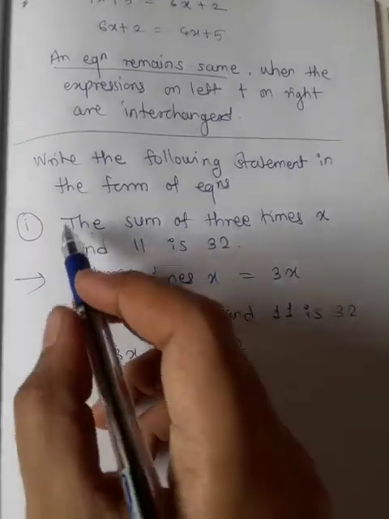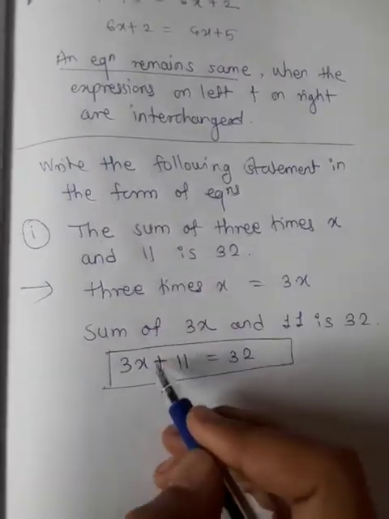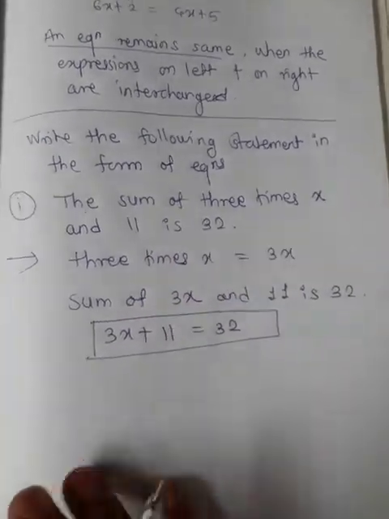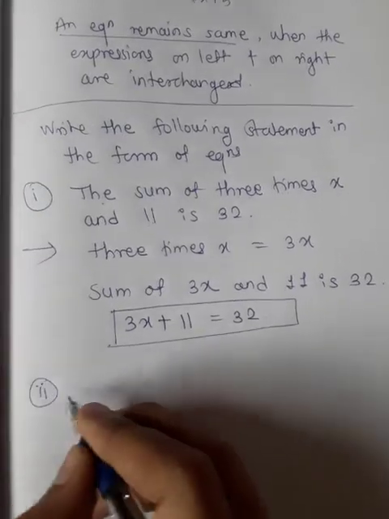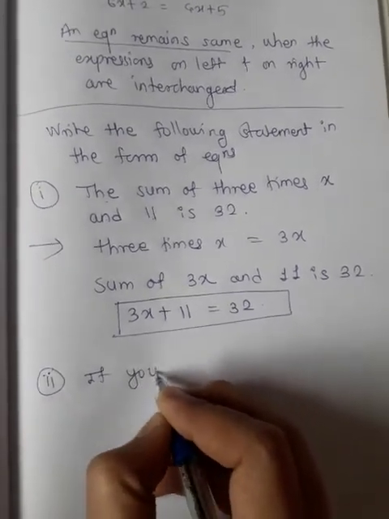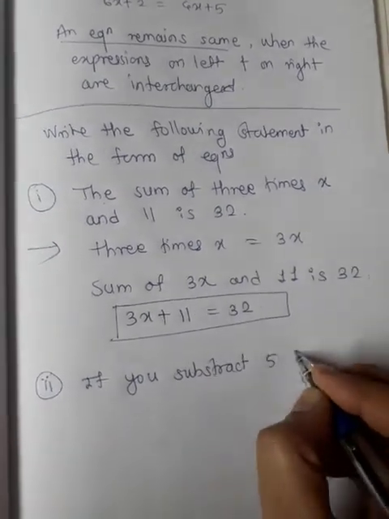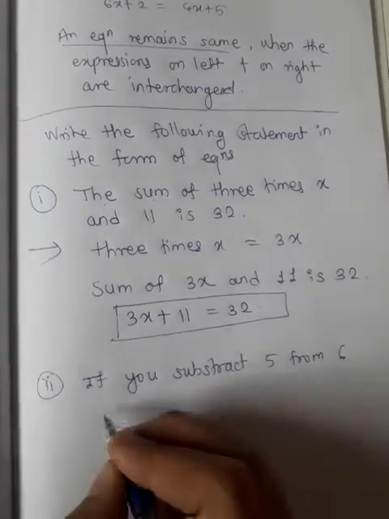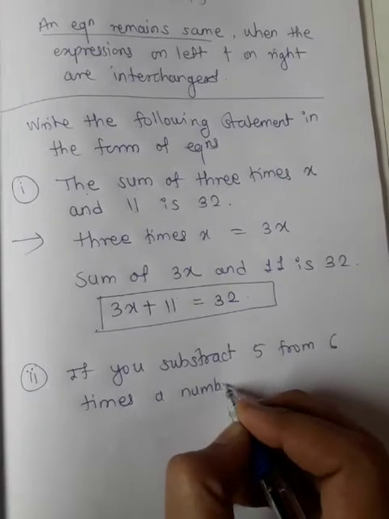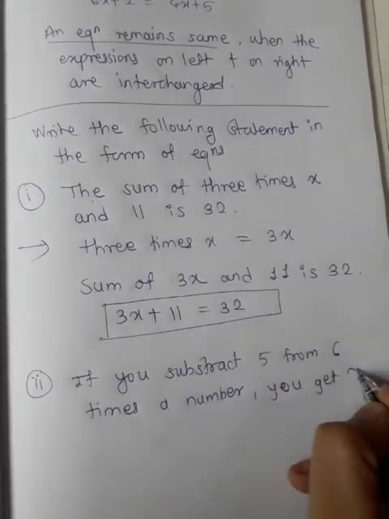Okay, so you can write any word statement in the form of an equation. As like this you can convert any statement into an equation. Next: if you subtract 5 from 6 times a number, you get 7.